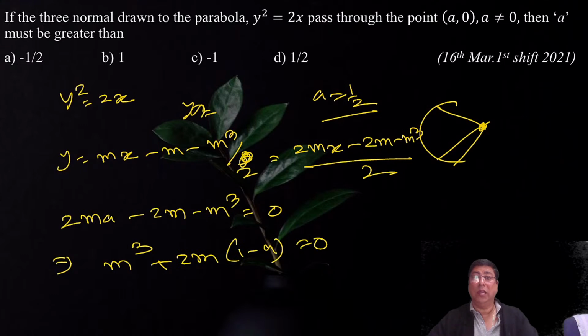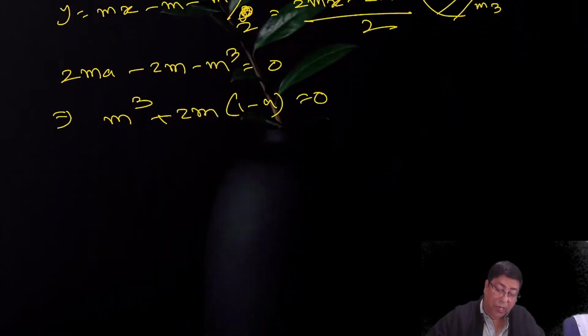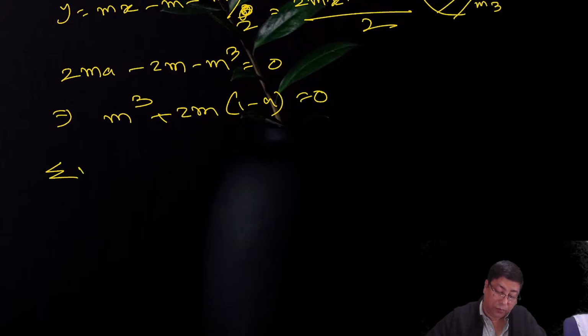This is a cubic equation in m, so it has three roots m1, m2, m3. The sum of the roots is 0, since m squared is not present here.